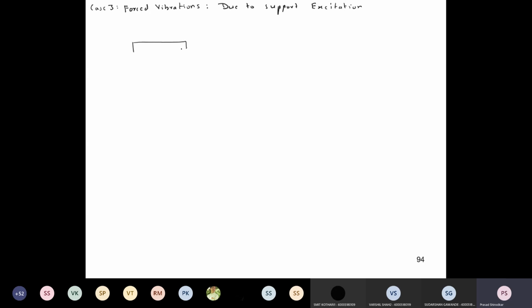So you have your mass m and it is attached to the spring and a damper, and this whole arrangement is on some kind of a base, and this mass is moving with displacement x, x dot is velocity, x double dot is acceleration.